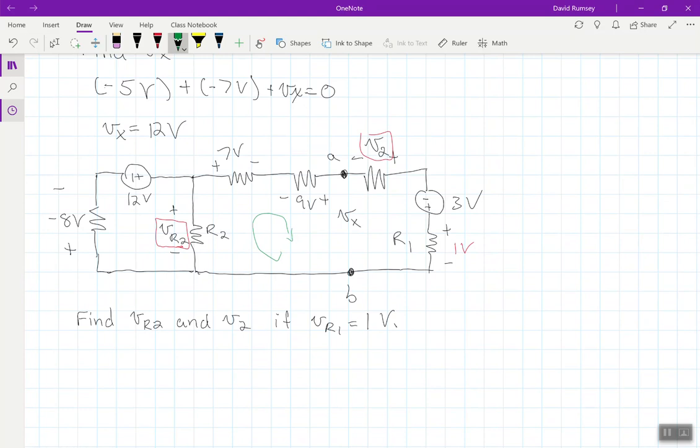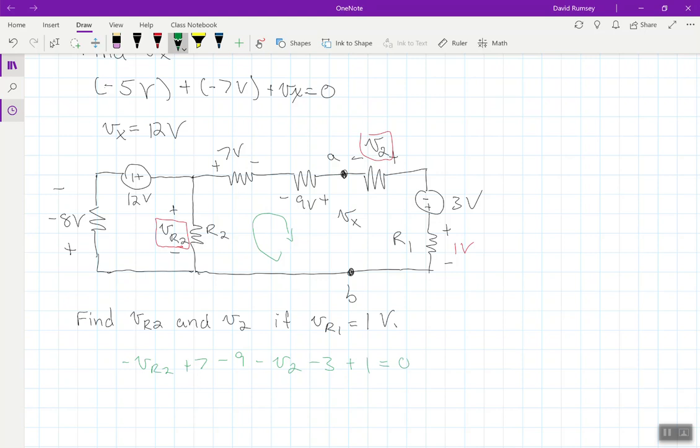If I include that loop, I would wind up with the equation minus VR2 plus 7 minus 9 minus V2 minus 3 plus 1 equals 0. There's nothing wrong with this equation, it's 100% correct.